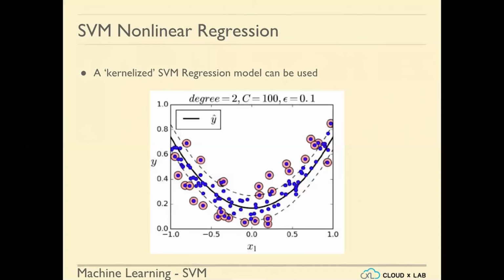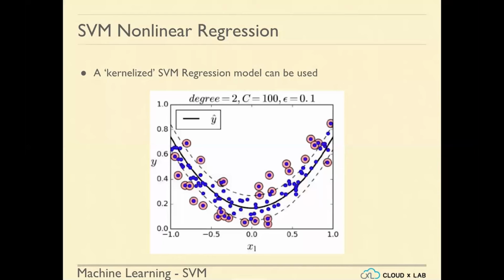First one is degree, second one is C, third one is epsilon. Epsilon is the width of the street which we specify, and C is what kind of violation we have.